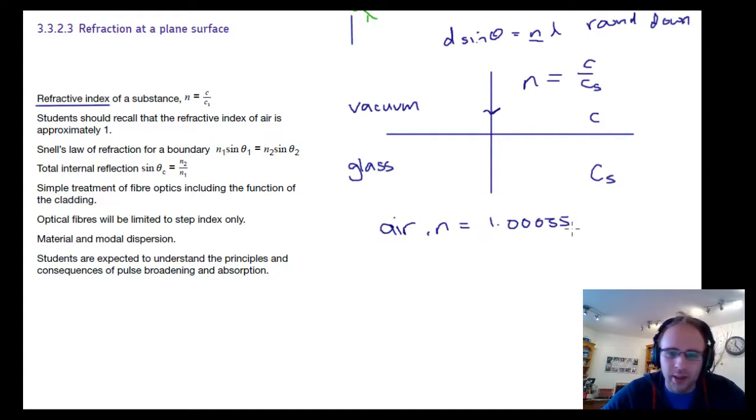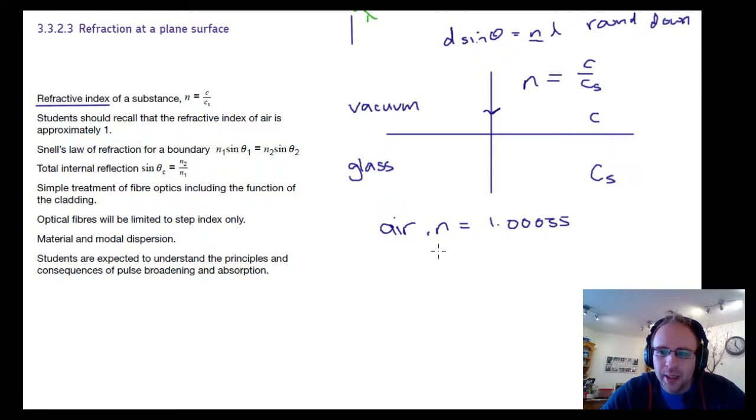Very close to 1 indeed. So we can treat air and a vacuum as both having a refractive index of 1. So if the speed of light in a vacuum is c, then the speed of light in air is very nearly c as well.